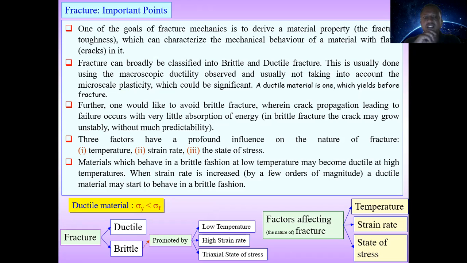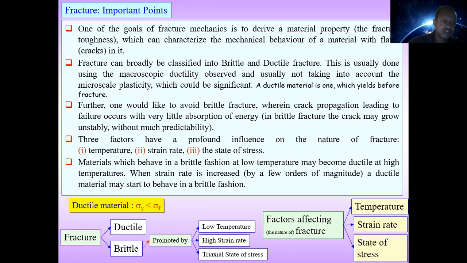Three factors have a profound influence on the nature of fracture. One is temperature, second is the strain rate, and the third one is the state of stress. Materials which behave in a brittle fashion at low temperature may become ductile at high temperature. When the strain rate is increased by a few orders of magnitude, a ductile material may start to behave in a brittle fashion. So those are the three factors.